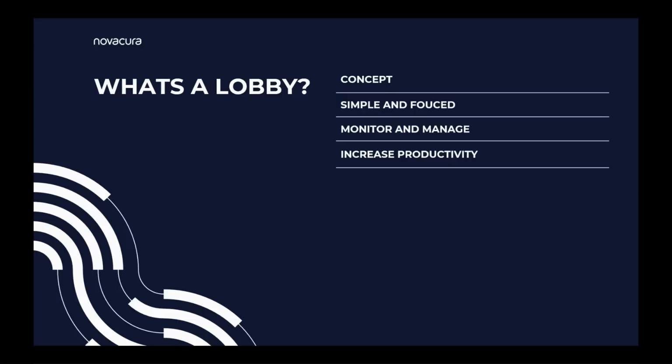You can also configure your element to show the data in different ways, such as bar charts, pie charts, lists, and so on. And a lobby is completely built into IFS and does not require any external design tools.